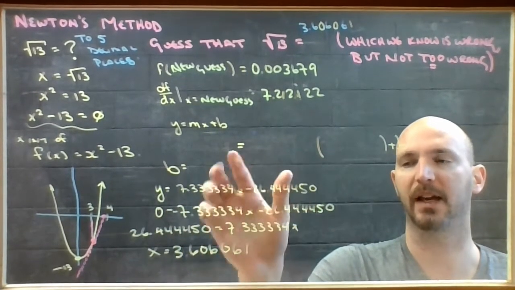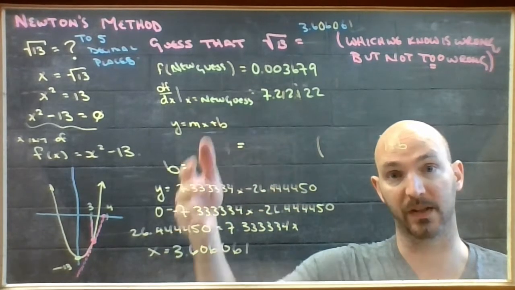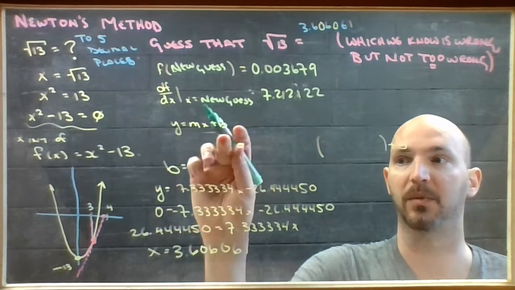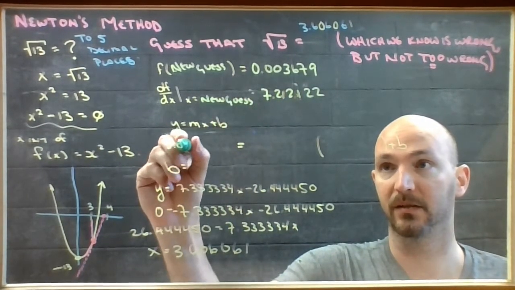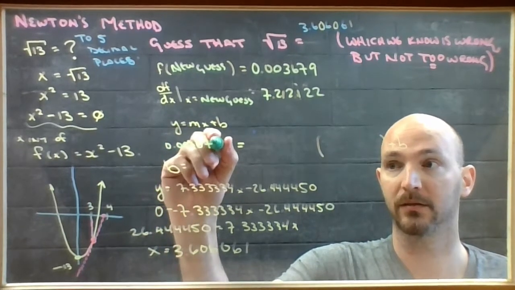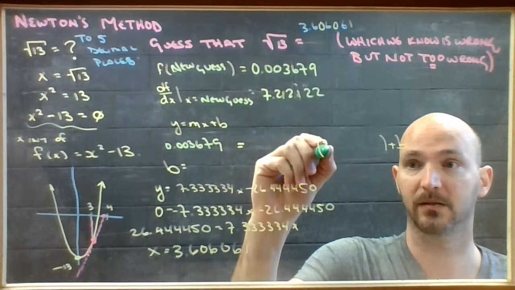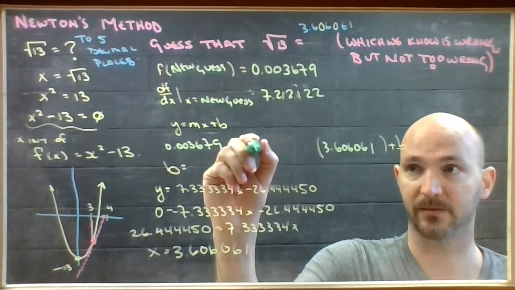I hope in your head that you're trying to think about how we could move these equations around in order to speed this process up. So my y value is this. My x value was this. And my slope was this.